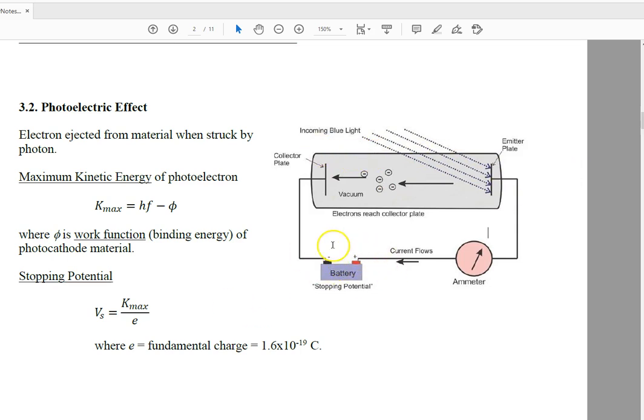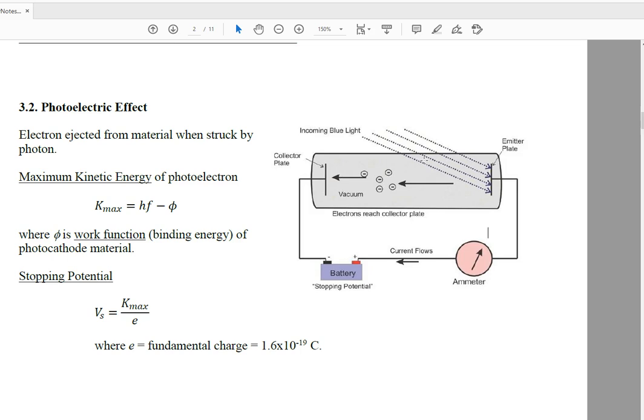Doesn't matter what potential you have here. In fact, you can even flip the polarity on the battery. So now you should be speeding up electrons if any are ejected. And you don't see any current if you are below a certain frequency, the so-called cutoff frequency.